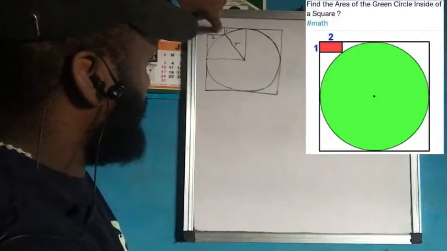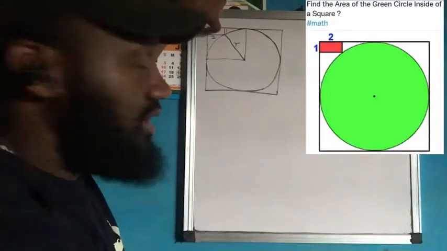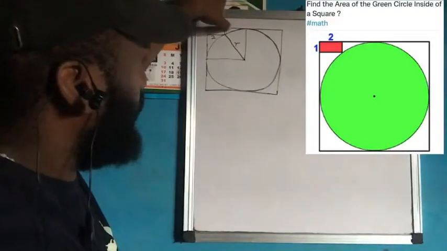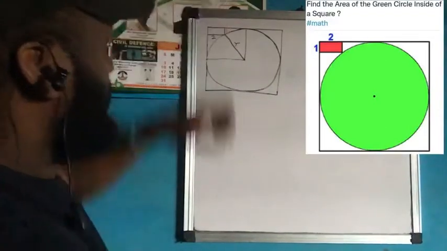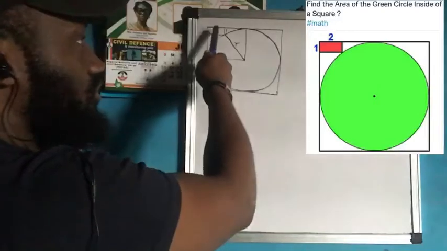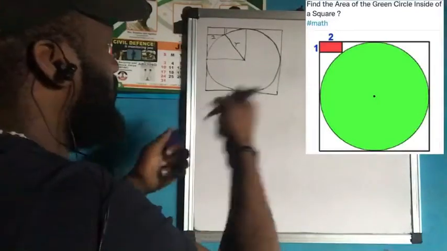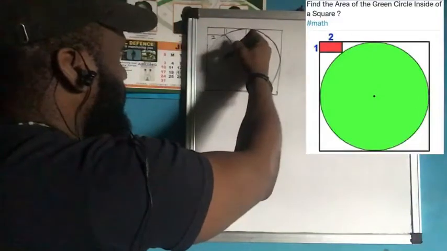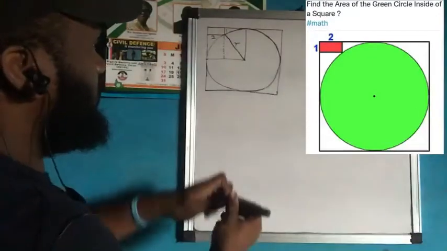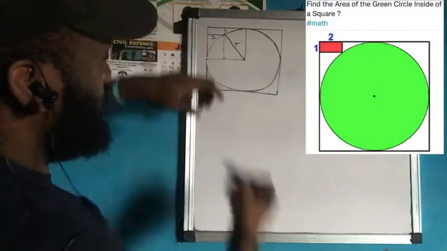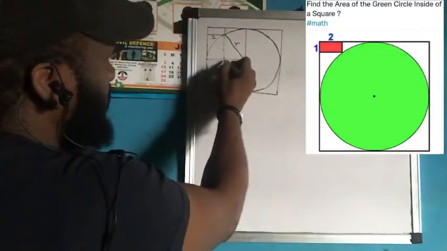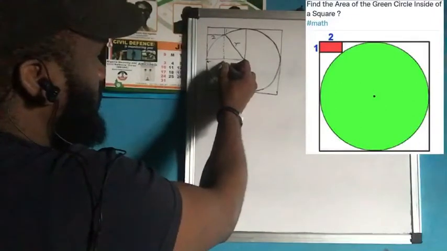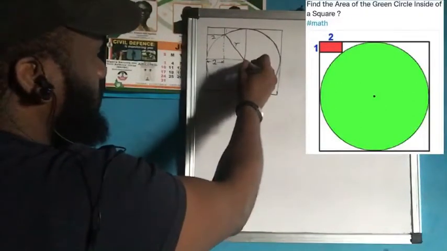So looking at this small rectangle inside here, the length and breadth of the rectangle is 2 by 1. So you can see clearly that if I section this part, from here to here is 2.